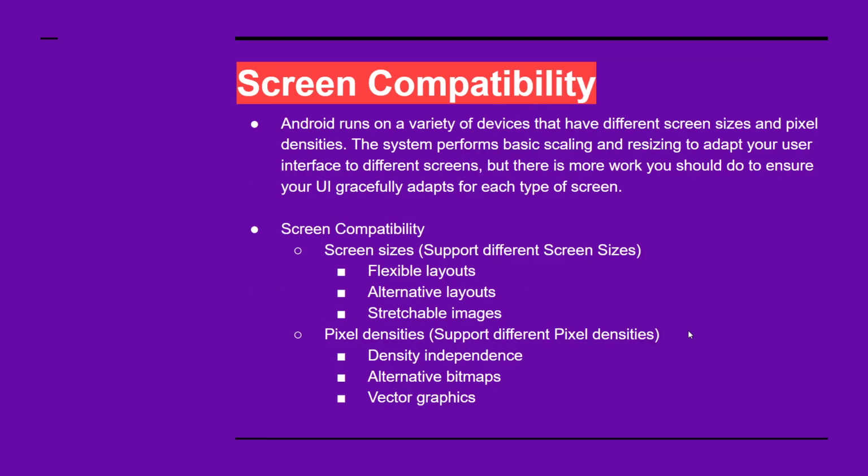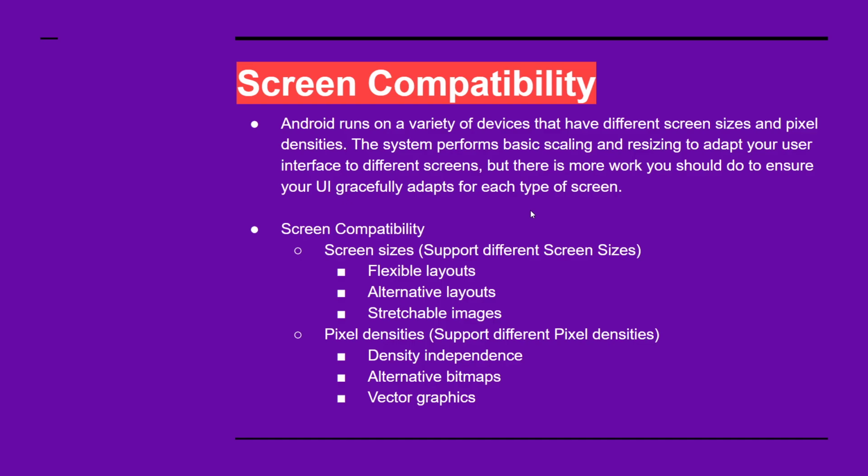So what is screen compatibility? Android runs on a variety of devices that have different screen sizes and pixel densities. The system performs basic scaling and resizing to adapt your user interface to different screens, but there's more work you should do.